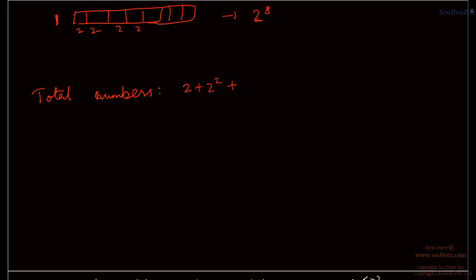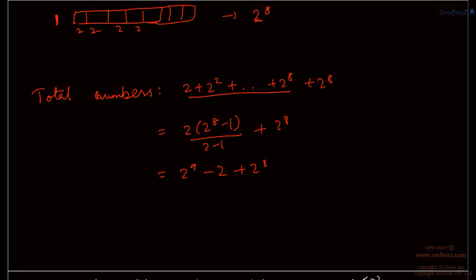Okay, so the total numbers is first from 2 power 1, 2 square all the way till 2 power 8 for 8 digit, and then you have another 2 power 8, right? The first part is obviously a geometric progression, and this can be written as 2 into 2 power 8 minus 1 by 2 minus 1, and then the 2 power 8 of the last one. This gives us 2 power 9 minus 2 plus 2 power 8.